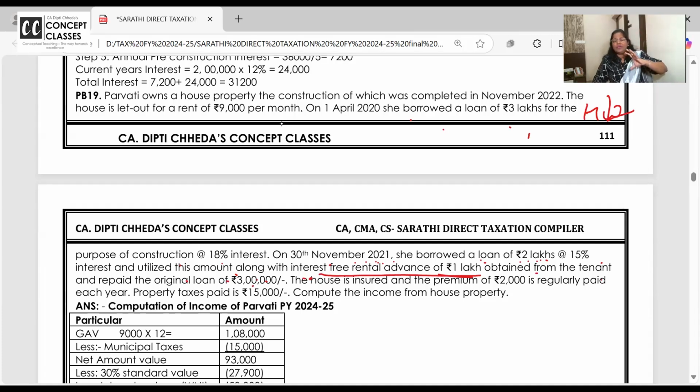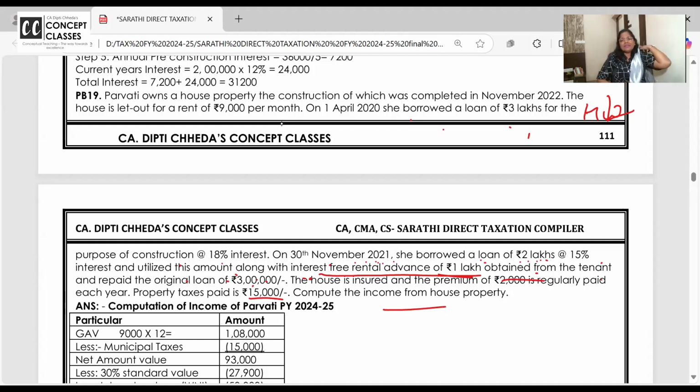Second housing loan taken for 2 lakh to repay the first housing loan of 3 lakh. 2 lakh you have taken as loan and 1 lakh you have taken as deposit from your tenant. The house is insured with a premium of 2,000. Ignore. Property tax 15,000. Compute the income.